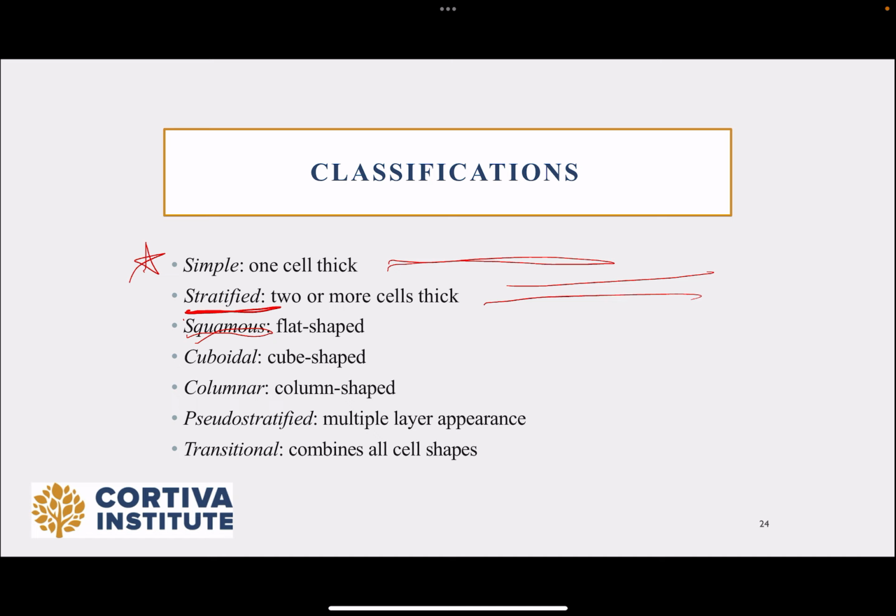So simple squamous is going to be one sheet of paper, right? But simple stratified is, right, very, very small, right? So 2 or more cells thick, but it is just one layer, right? Now, cuboidal, I can have simple cuboidal, right? So it looks like a cube, right?